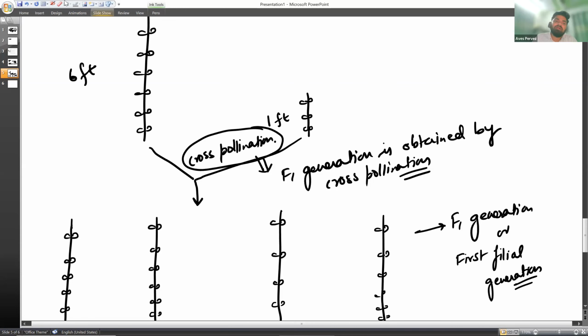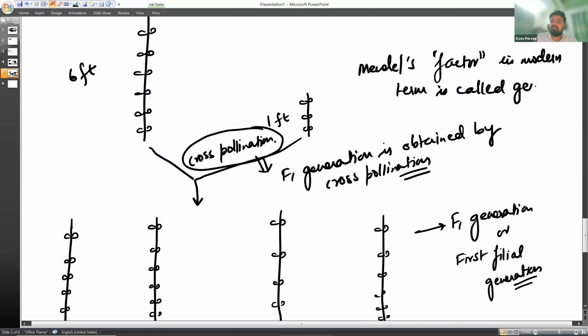Mendel's factor in modern term is called gene. Will you keep in mind always?